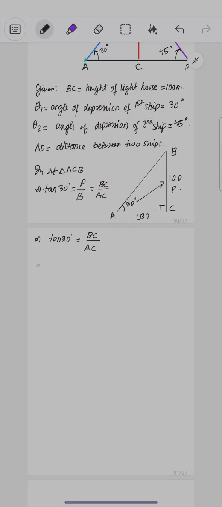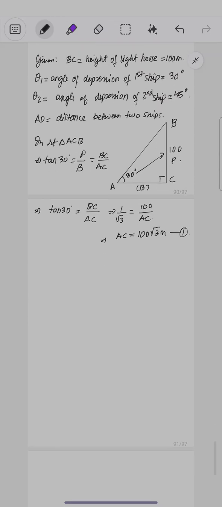What is the value of tan 30? 1 by root 3 equals BC, what is the value of BC? 100. What is the value of AC? Solving, AC equals 100 root 3 meters. This is your equation number 1.